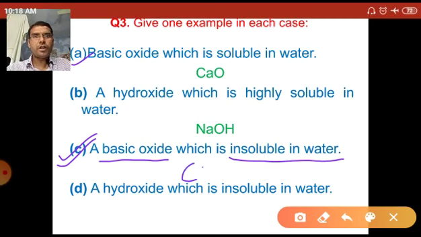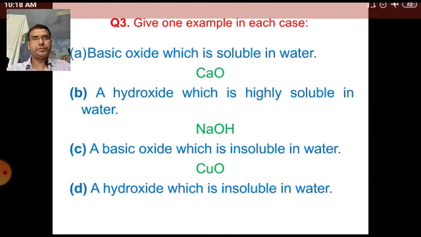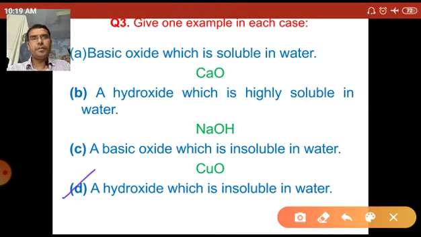You know that copper oxide and iron oxides are all bases and are not soluble in water. So the answer here is copper oxide, which is not soluble in water and is basic in nature.